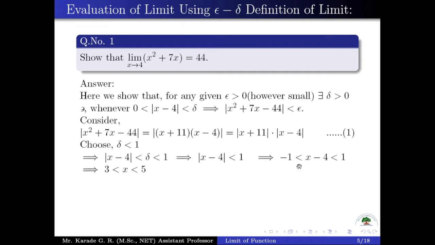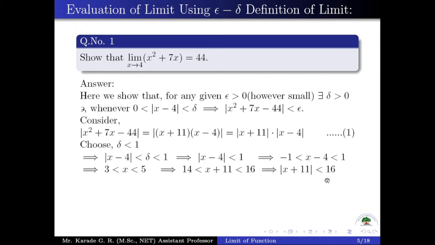Again add 11 to each term: 3 plus 11 is 14, then x plus 11, and 5 plus 11 is 16. The inequality remains as it is. So this implies that the modulus value of x plus 11 is less than 16.